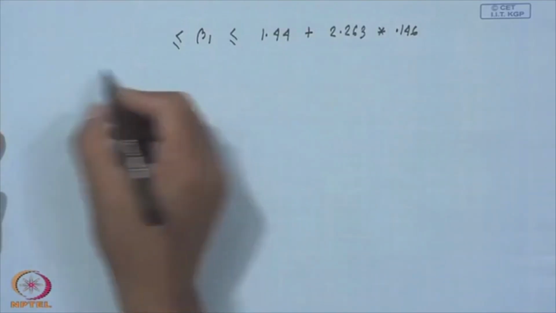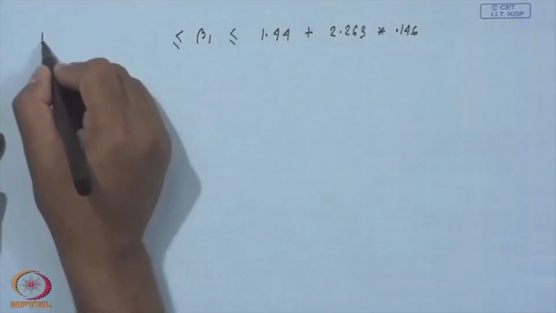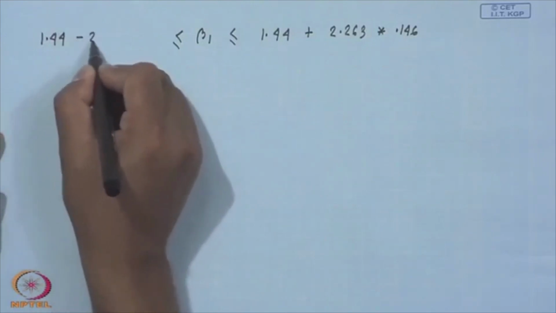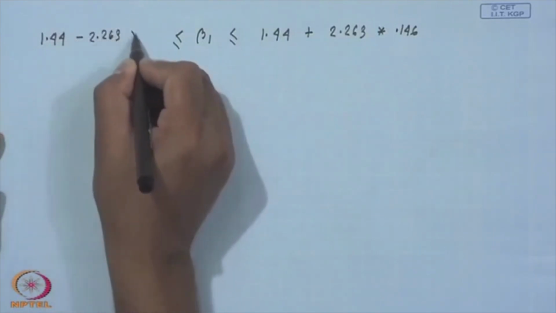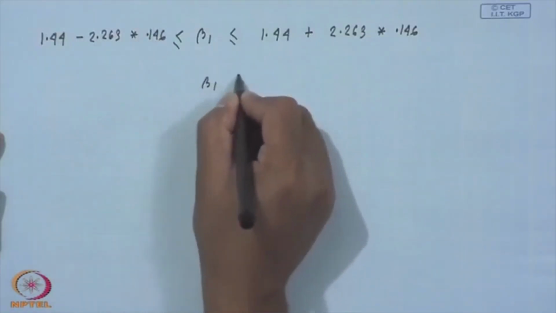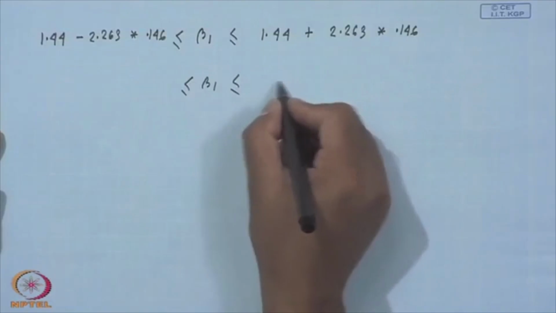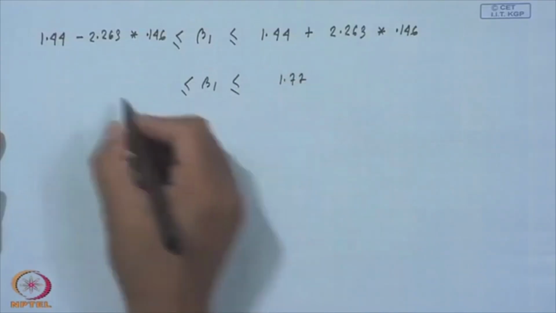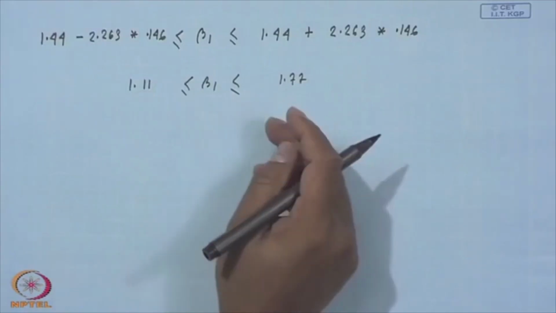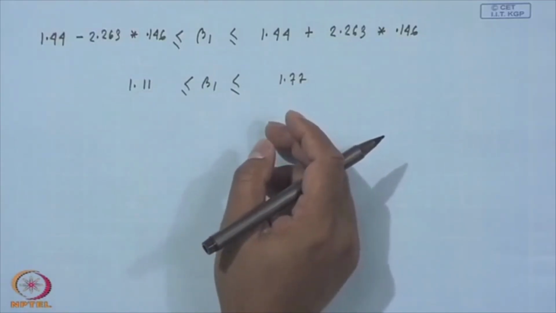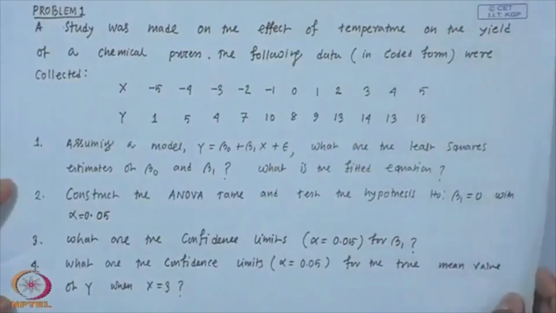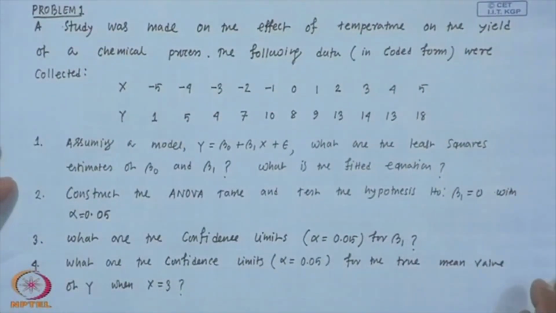Okay. And similarly here, 1.44 minus 2.263 into 0.146, and the limits for beta 1 are 1.77 and 1.11. Okay. So, till now these problems we have already discussed in the module, I think even 4 also.